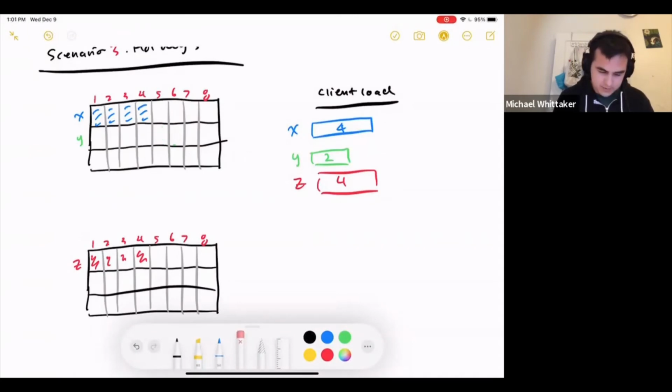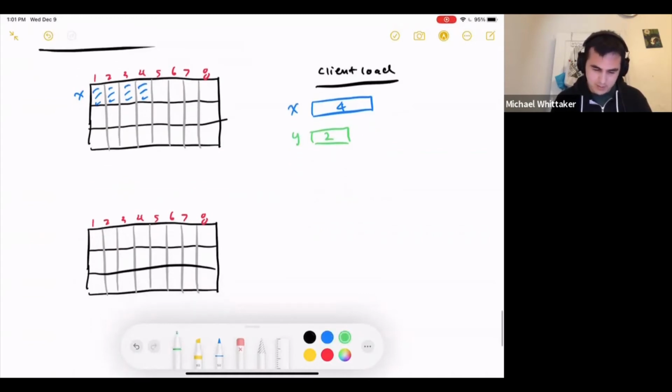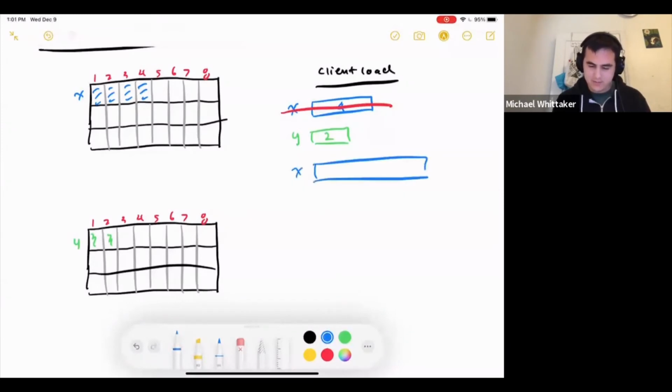Let's say I have 2 replicas and I have a load of 4 on X and 2 on Y. And I put X on the first replica and Y on the second. And then what happens is that my key X gets hot. So instead of a load of 4, all of a sudden X gets a load of 10.